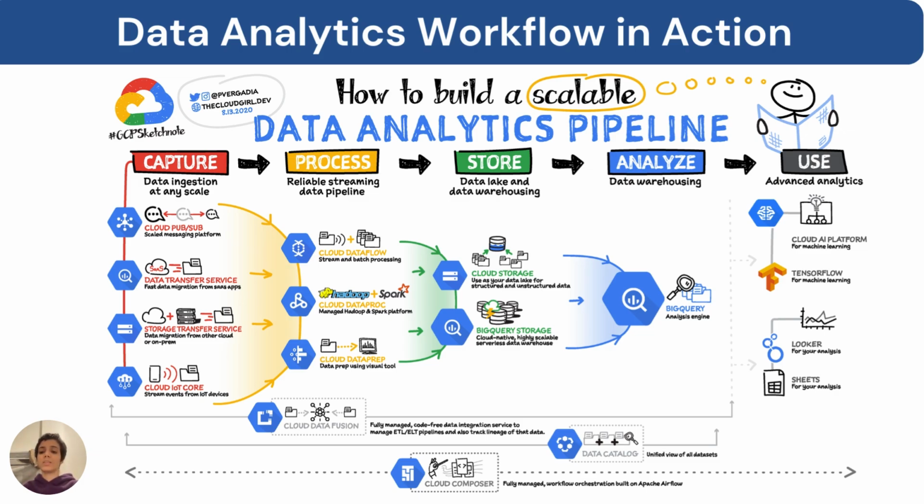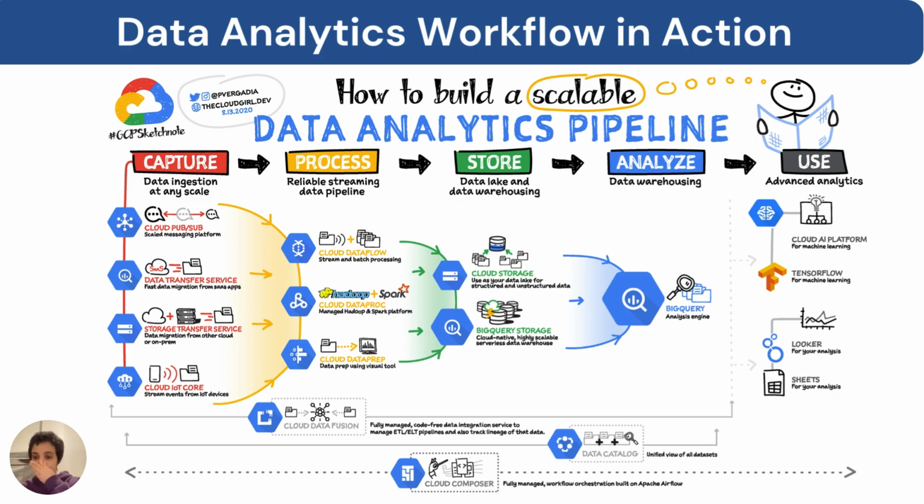The processed data is then stored in repositories like Cloud Storage for unstructured data, such as video logs, or BigQuery for structured databases like user watch histories. It ensures Netflix can access billions of rows of data instantly.